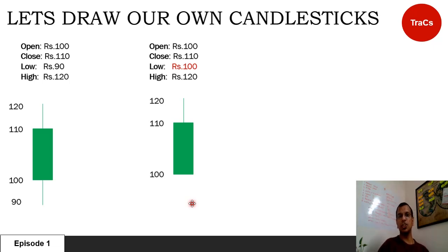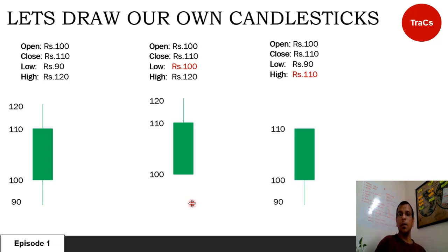Let's once again change the high price and see what is the difference in the candlestick. Once again, a green body having a lower shadow, but there is no upper shadow because the closed price and the high price is recorded at the same level.